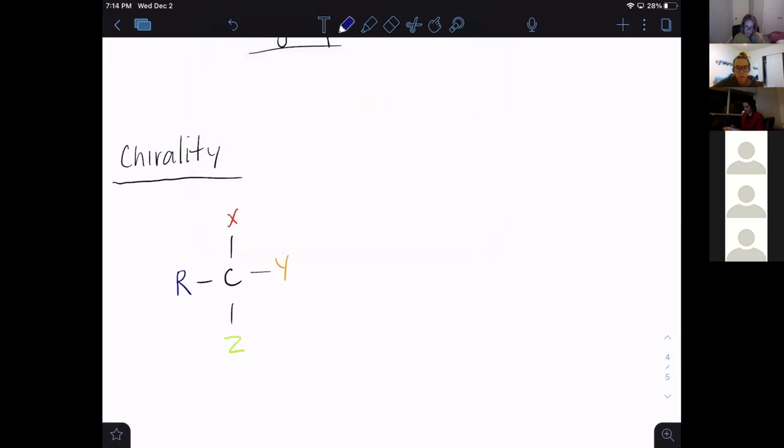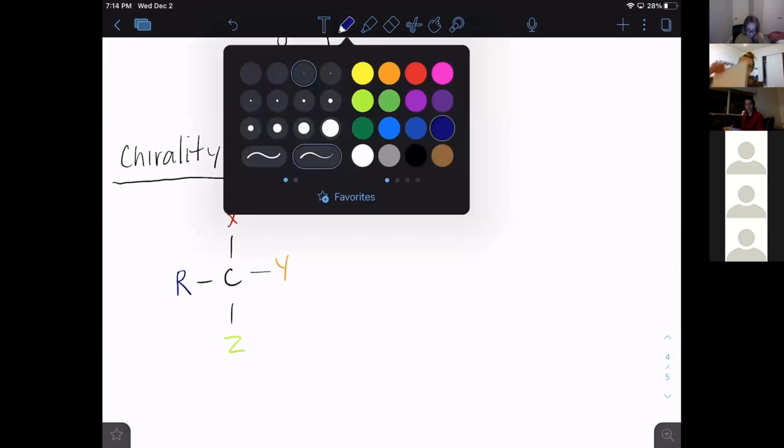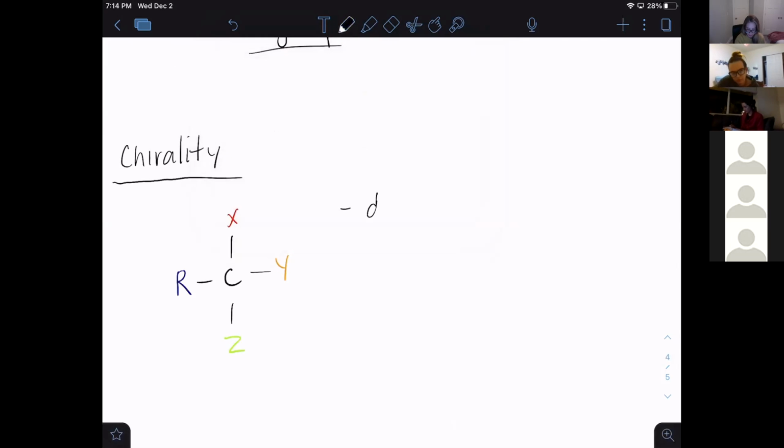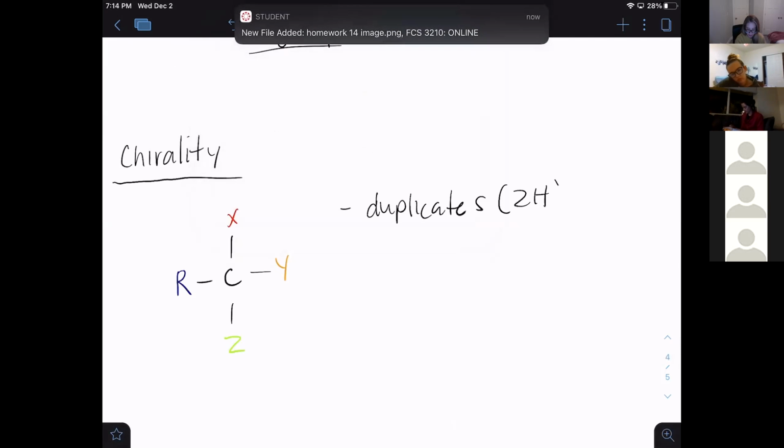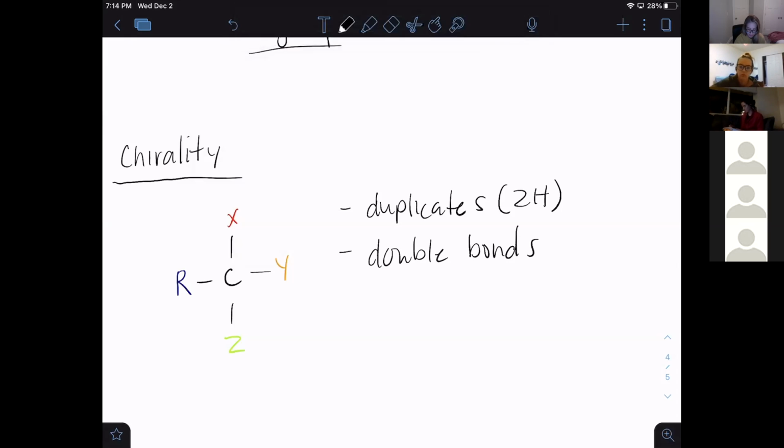For something to be chiral, you must have four different things. So again, you're going to stay away from any duplicates, like these two H's, and you're going to stay away from double bonds. Okay?